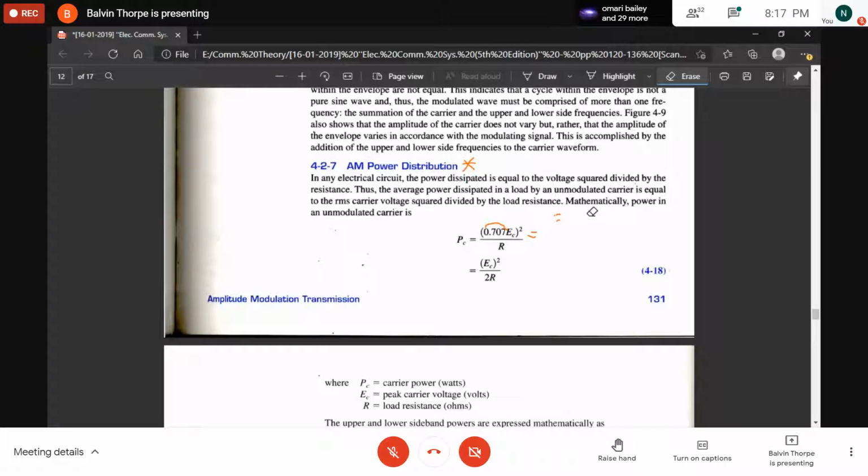But anyway, when you square it, we're going to have 0.707 squared times EC squared, and then all of that is going to be over R. That's what this is giving us. When you square 0.707, what do you get? You get 0.5, in other words, a half.